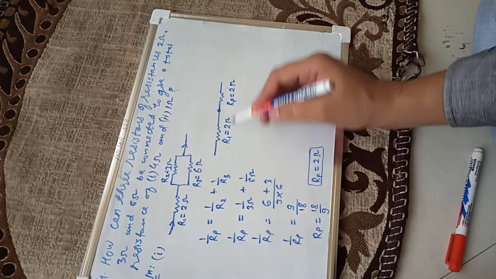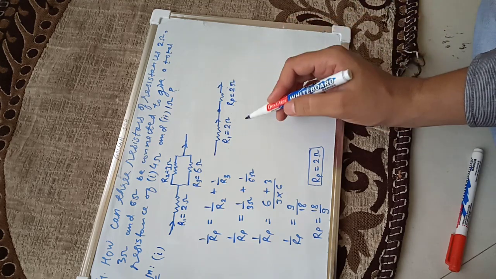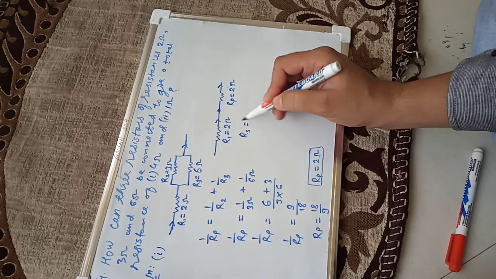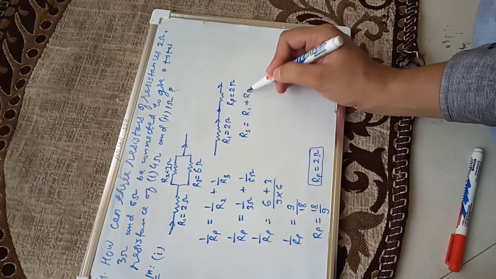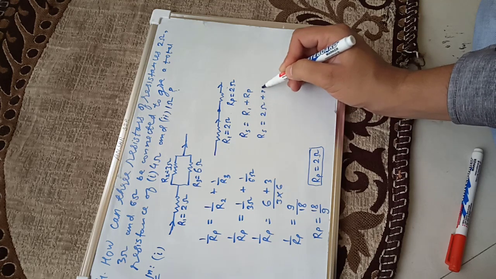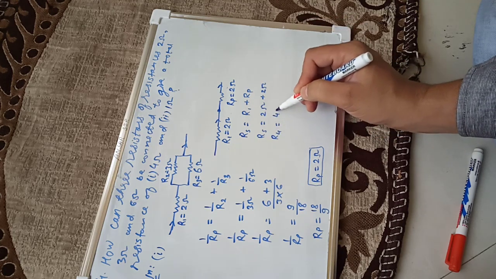Now these two seem to be connected in series because the same current is flowing through both the resistors R1 and Rp. So Rs, their resultant will be R1 plus Rp. So Rs will be equal to R1 is 2 ohms and Rp also is 2 ohms. So Rs is equal to 4 ohms.